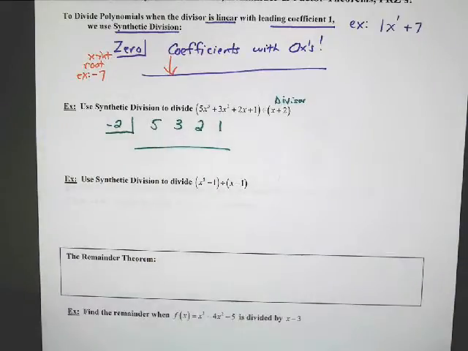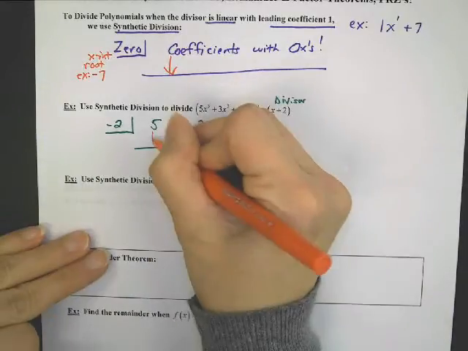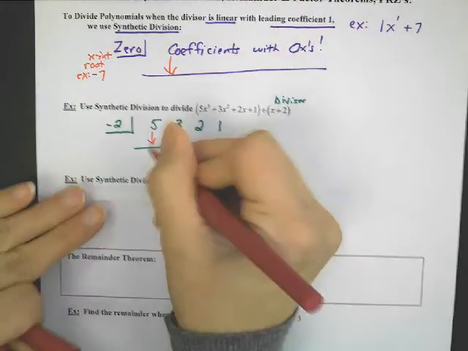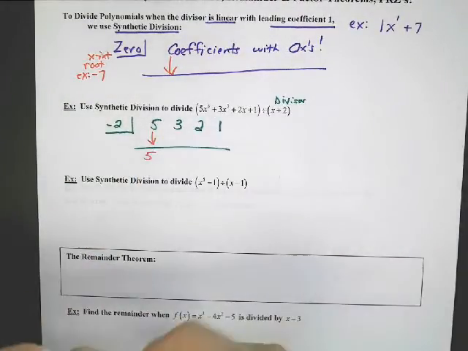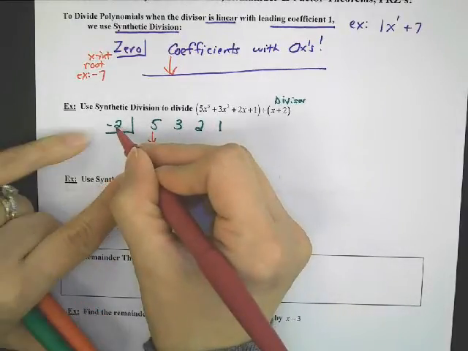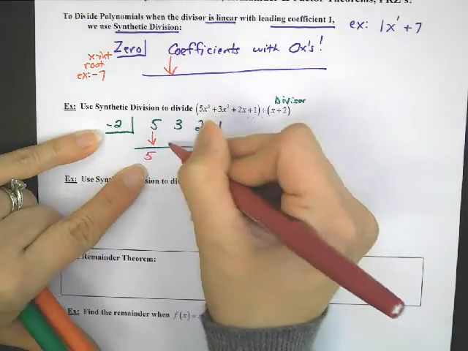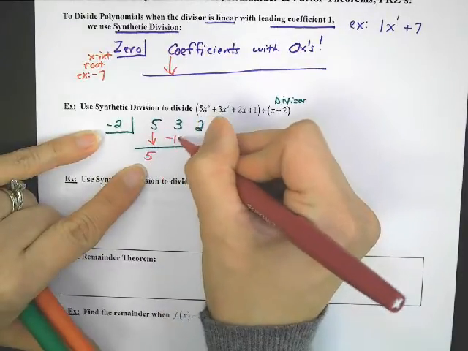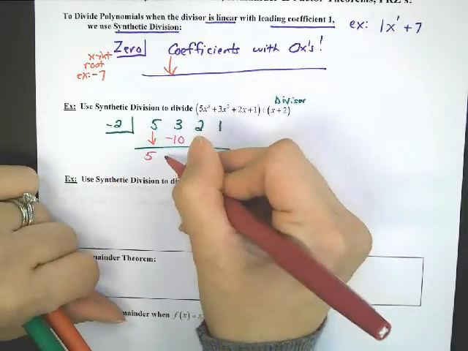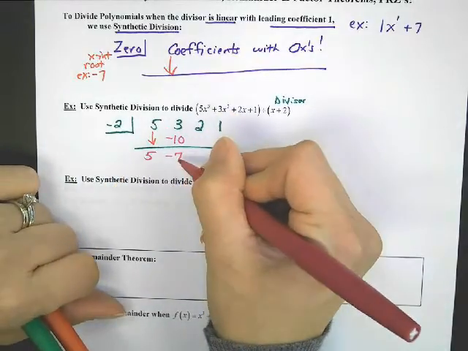You leave some space right there for some work. And the first step is to drop it down. So underneath here, the first number is going to be a 5. After you do that, you multiply -2 times 5, and the answer is -10. And then you add these numbers together in the column to get -7.